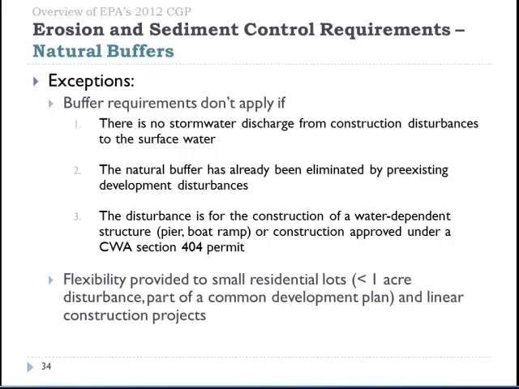The third exception is disturbances related to water-dependent structures, such as a pier or a boat ramp. It could also include something like a marina, and also construction approved under Clean Water Act 404 permits. We also have special provisions that provide flexibility for certain types of development.